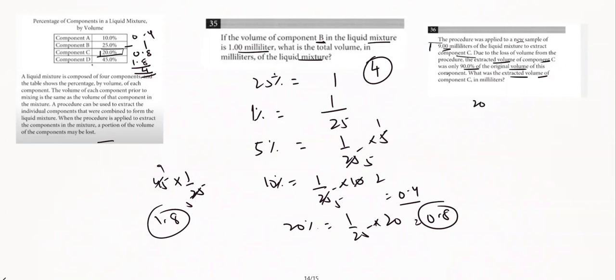So first of all, 20% of 9 would be 1.8. This is the volume which is extracted, but it says that was only 90% of the original volume. So 90% of this, how much are you getting? 1.62. This is our final answer. Clear?